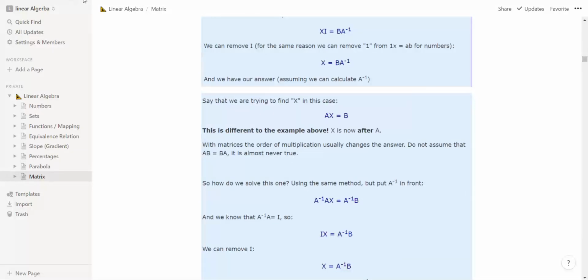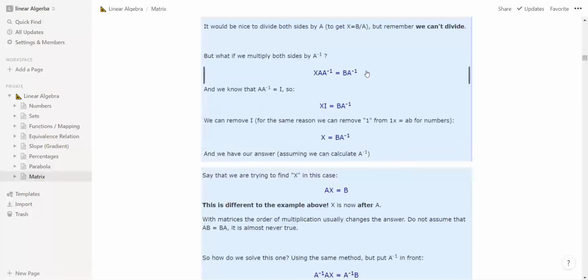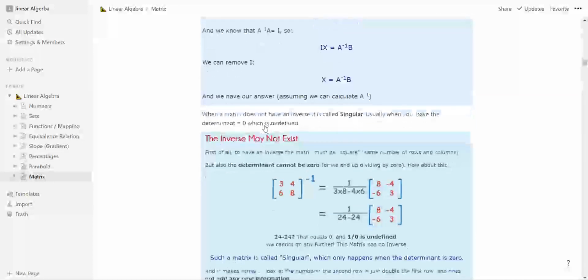For the rest of the rules, where you have the identity, the commutative property actually stands, except when you have the inverse. For everything else, it still stands.